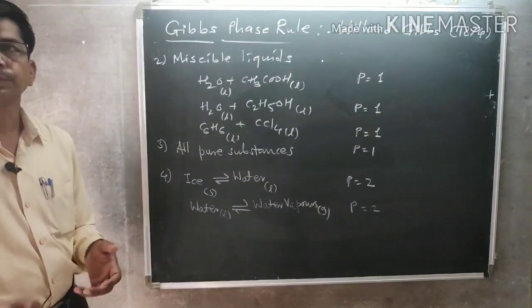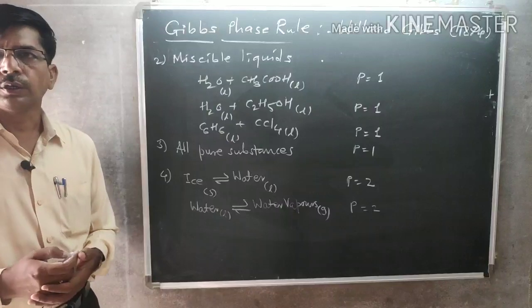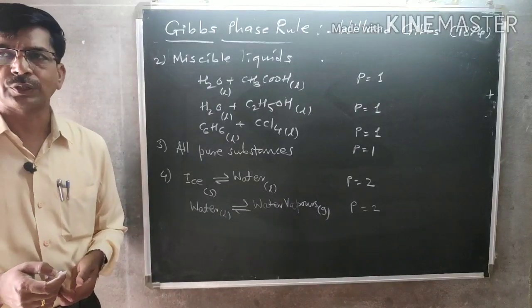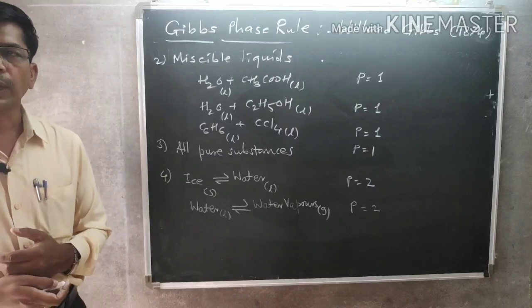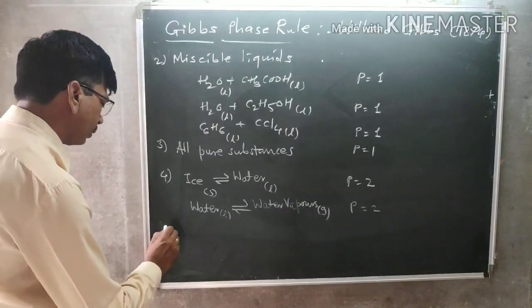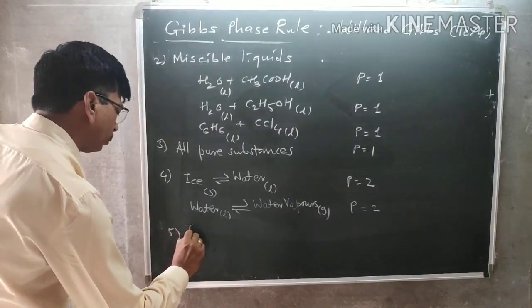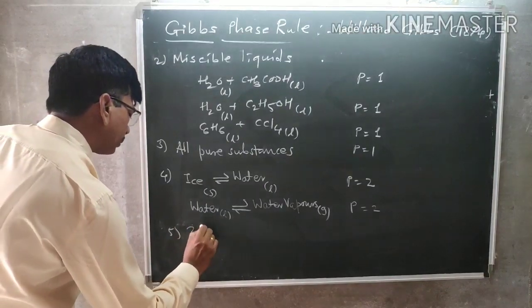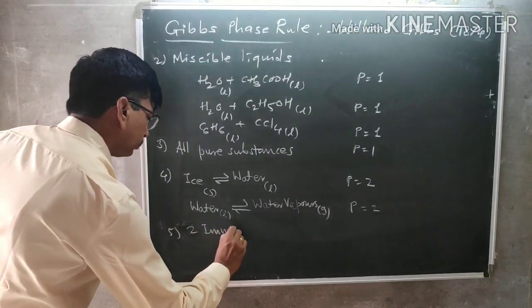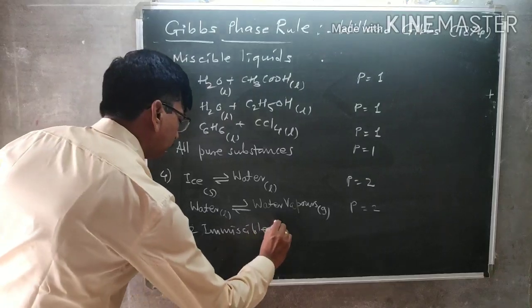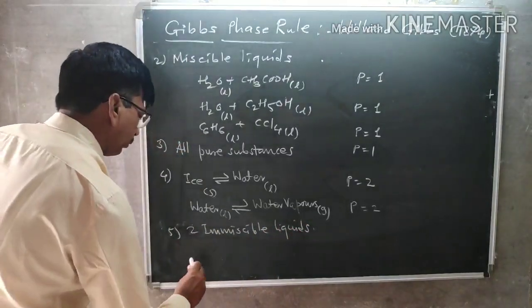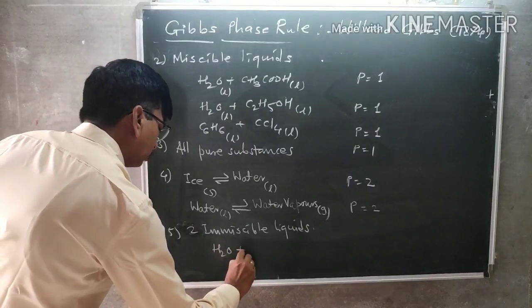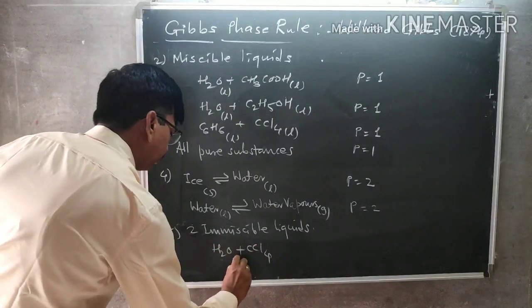One more example we'll see. If we have two immiscible liquids, one is organic and the other one is inorganic, then the two immiscible liquids also give us two phases. For example, water and CCl4.